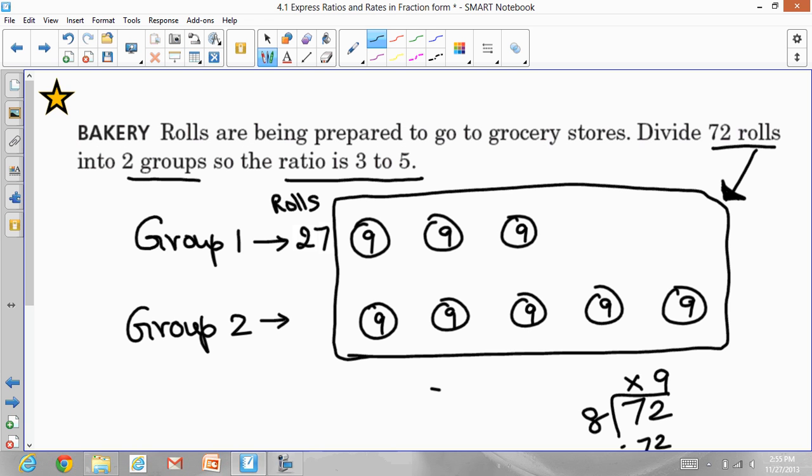Group number 2 has 9 times 5, which gives me 45 rolls. So group number 1 will have 27 rolls, and group number 2 will have 45 rolls when you divide them in the ratio of 3 to 5.